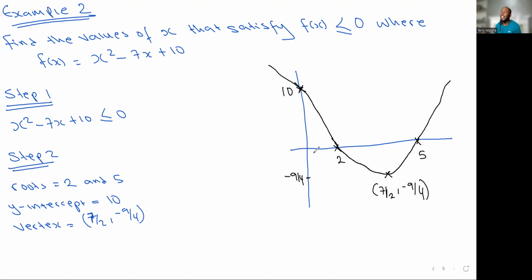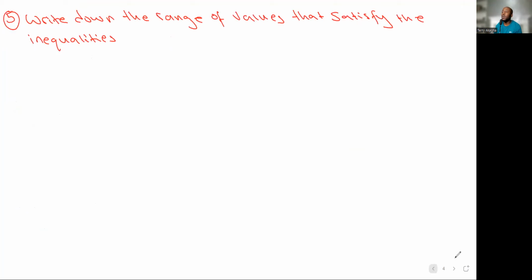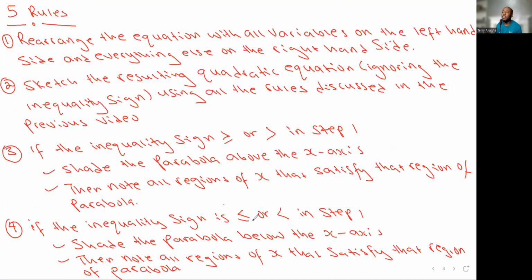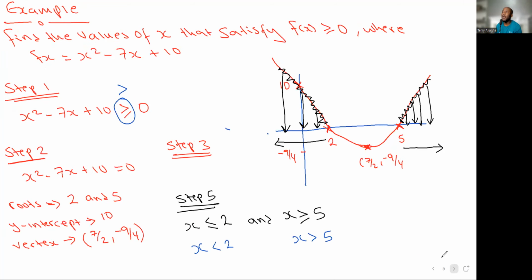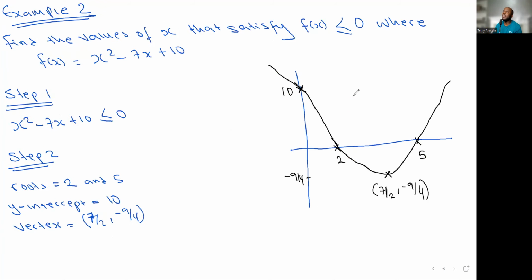All right. But in this case now, we're told that we are looking at less than. So if it's less than or equal to, what do you do? You shade the parabola below the x-axis. So instead of shading the line above, as we did with the last one, now we're going to shade the line below. The line below is this part here. Are you seeing it?